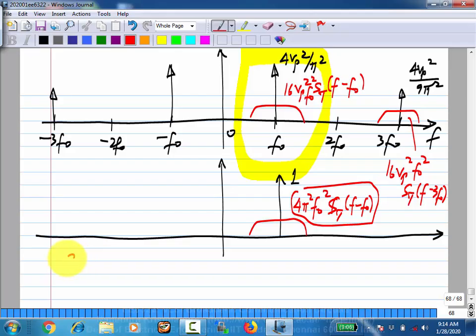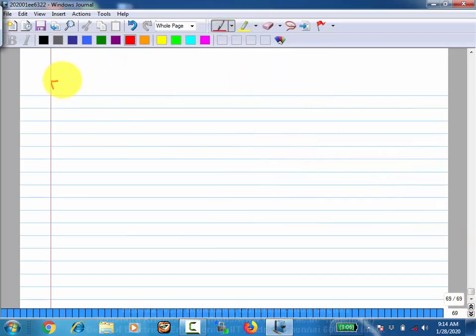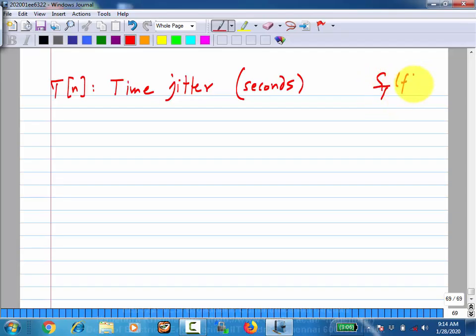So S tau of f, or rather, this is the time jitter, the actual displacement in absolute time units, and this is measured in seconds, right? And its spectrum is S tau of f. Now if you multiply this by f naught, what is this? This becomes dimensionless.